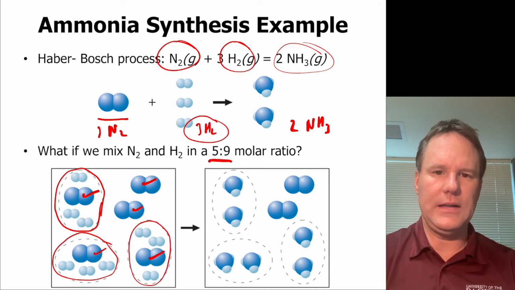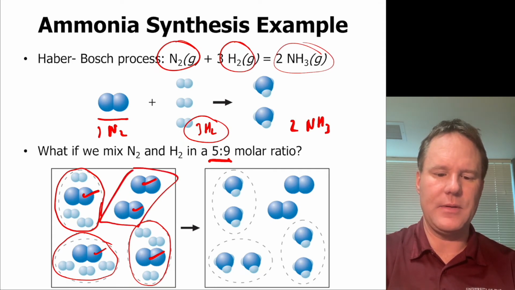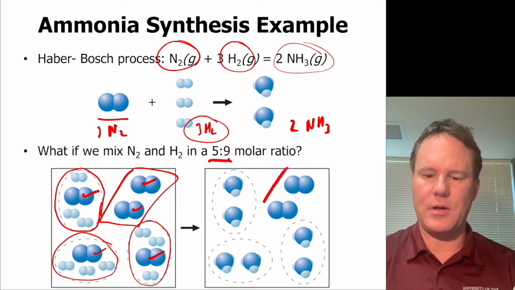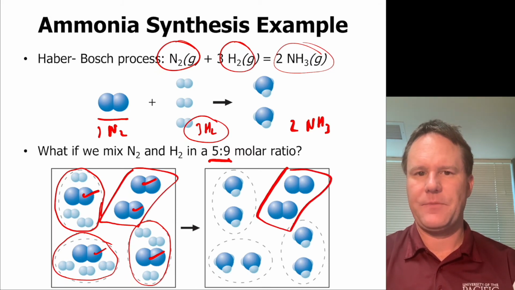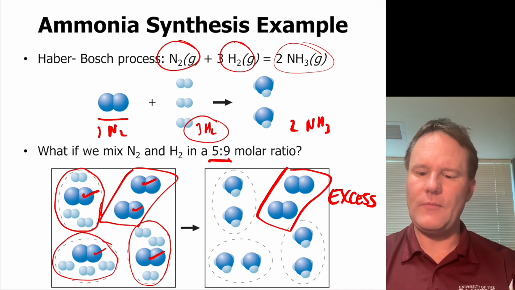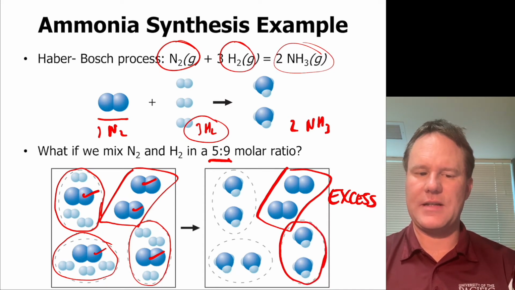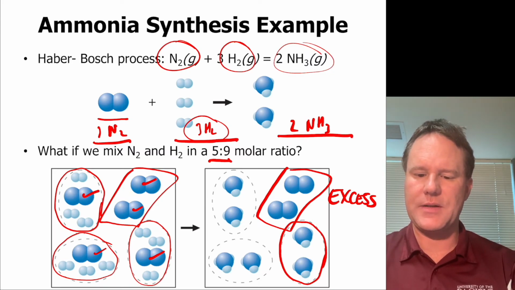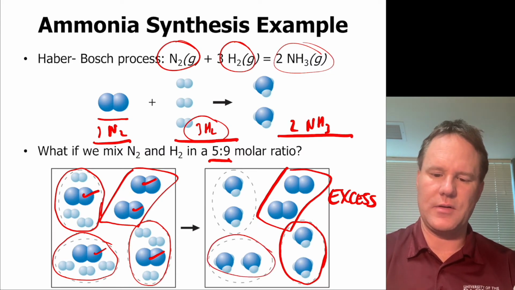And then all the 9 hydrogens are used up, but only 3 of the nitrogens. So we're left with an excess of 2 nitrogens. So on the product side, you'll see that those 2 nitrogens are left over. They're in excess. And then since from 1 nitrogen and 3 hydrogens you get 2 ammonias, each of these little circles contains 2 ammonias.